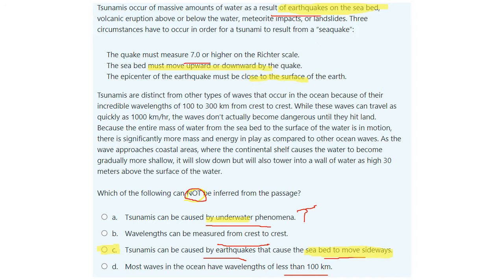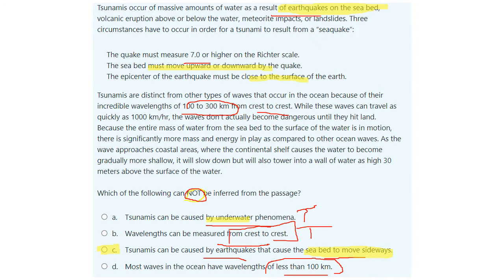Continuing into the second main paragraph, tsunamis are distinct from other types of waves that occur in the ocean because of their incredible wavelengths from 100 to 300 kilometers from crest to crest. So the wavelength can be measured from crest to crest. Well, we can infer that from that sentence. And most waves in the ocean are less than 100 kilometers.